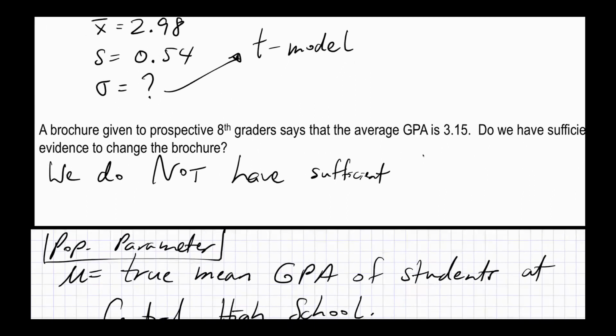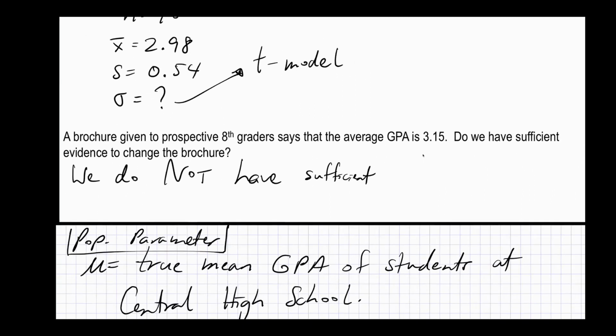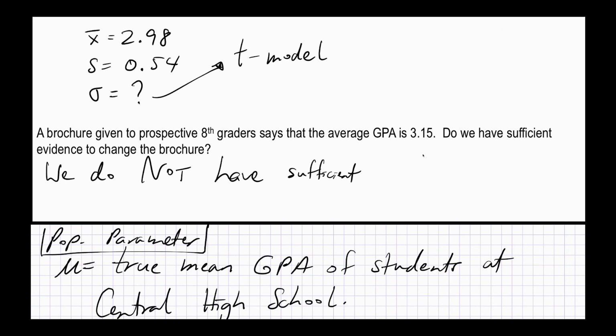We can say, though not likely. You don't have to put that, but you can if you want, if it bugs you. We do not have sufficient evidence because 3.15 is within our interval.